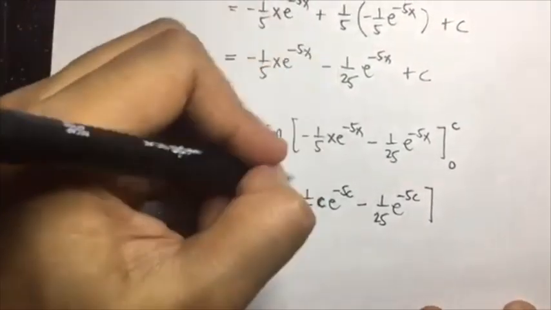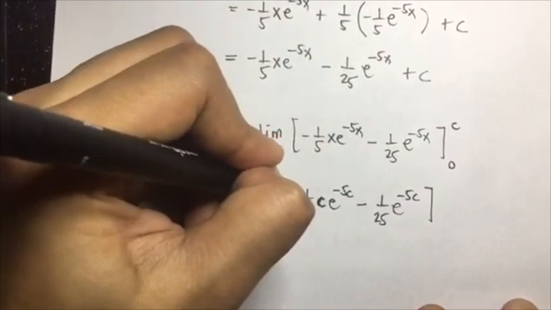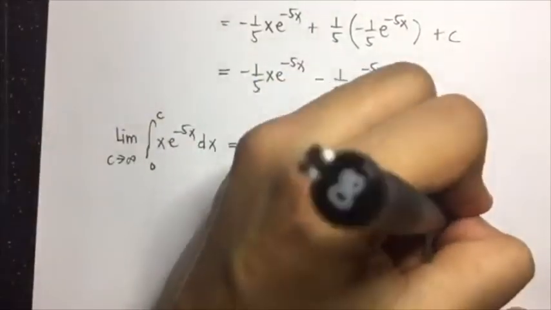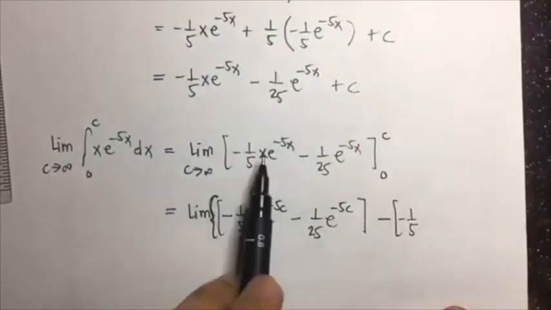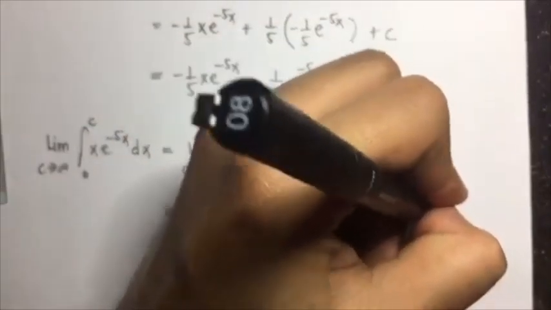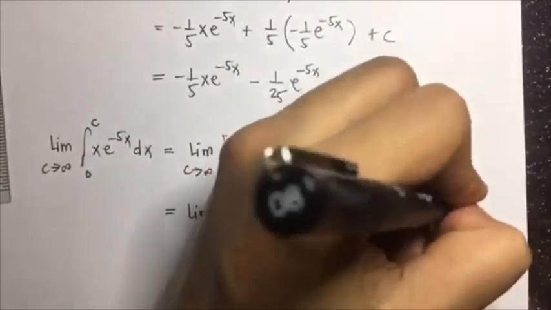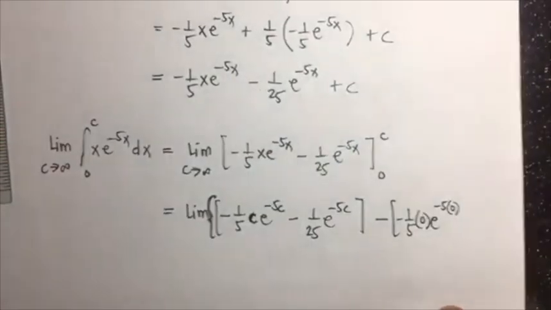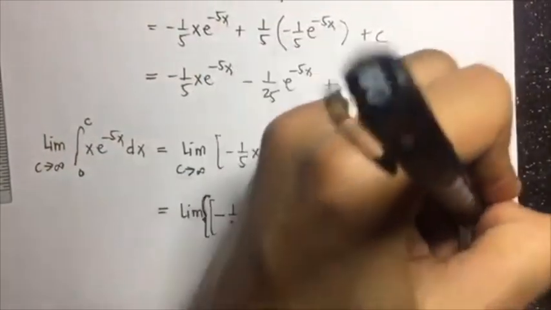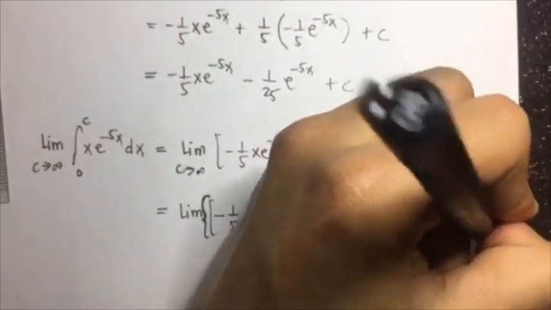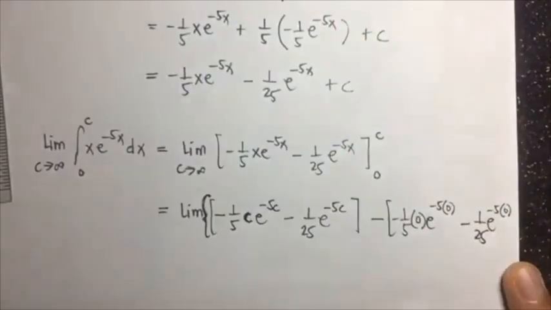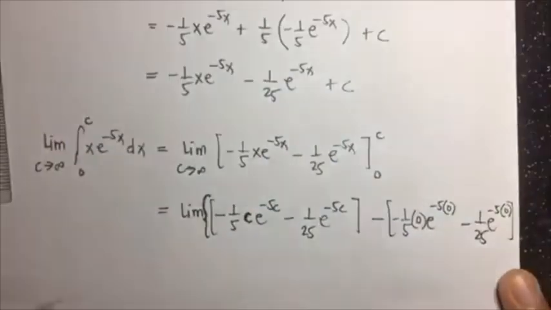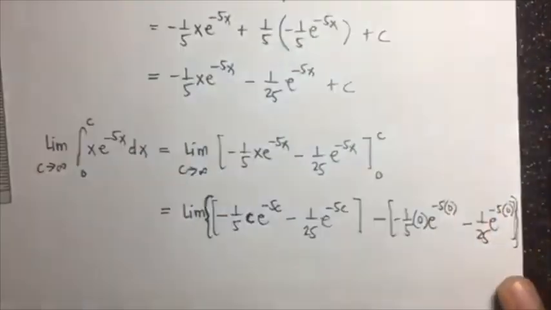I think we're going to need a bracket, minus, substituting 0: negative 1/5 times 0 times e raised to negative 5 times 0, minus 1 over 25 e raised to negative 5 times 0. Close bracket and then close curly braces.